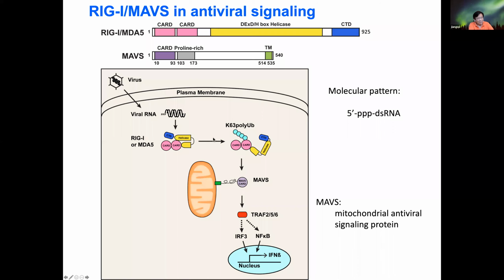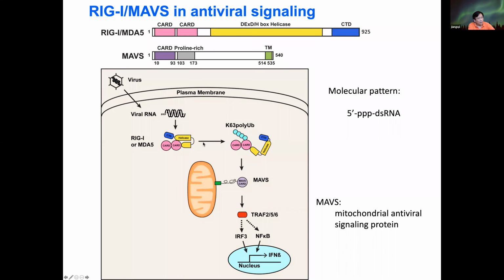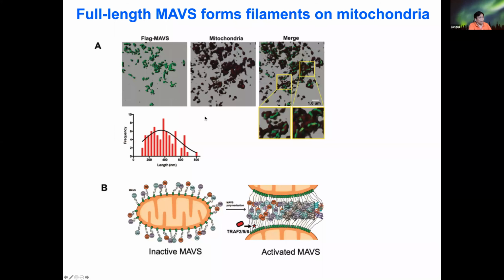MAVS has an N-terminal CARD domain. The CARD domain is usually hidden in the inactive state, but in the active conformation, the CARD domain is accessible. So many of the CARD domains can come together and form a helical segment.